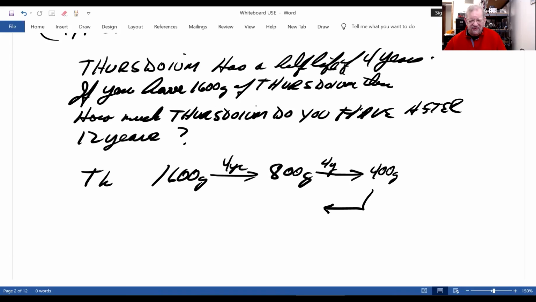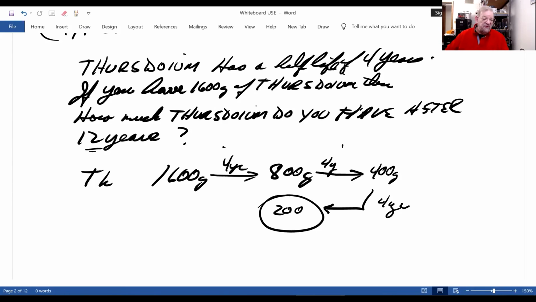Another 4 years, because we're doing 12 years, so 4 plus 4, and we need another 4, you'll have 200 grams. So at the end of 12 years with a half-life of 4 years, you'll have 200 grams. And that's how you can figure out half-lives when it's simple, straightforward like that.